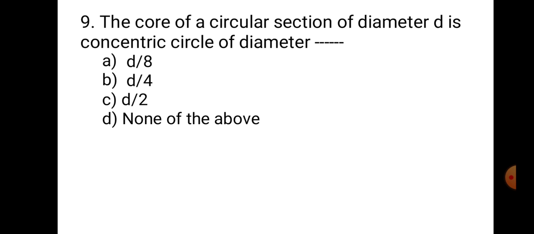The core is the portion around the centroid which is calculated from limiting eccentricity, and limiting eccentricity is calculated by equating direct stress and bending stress. For a circle, it will be a concentric circle. Here it is confusing whether it is diameter or radius. If it is a diameter, then the diameter will be D by 4. Hence the correct answer is B, D by 4.